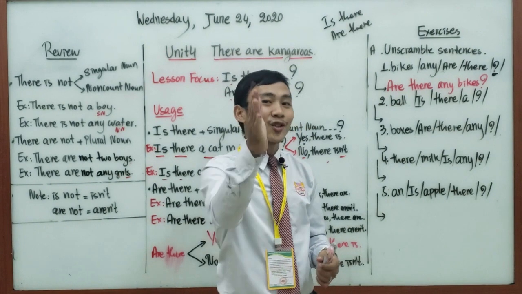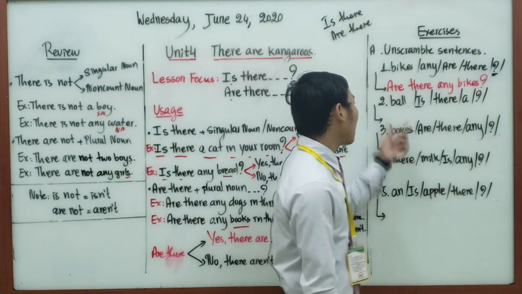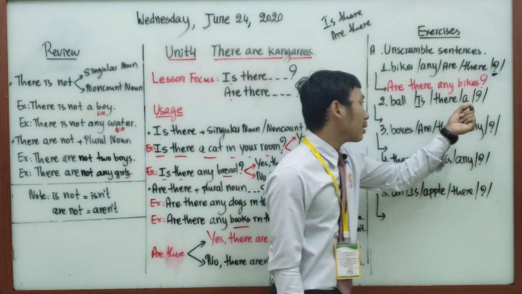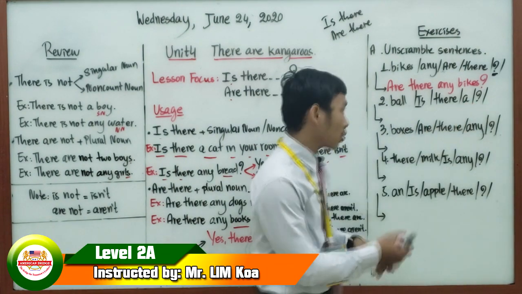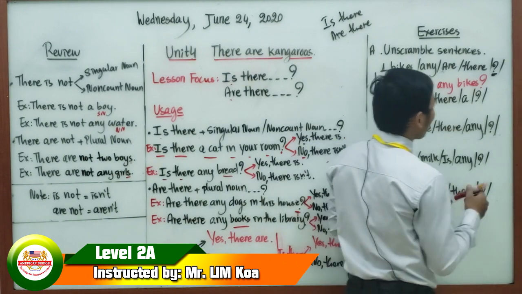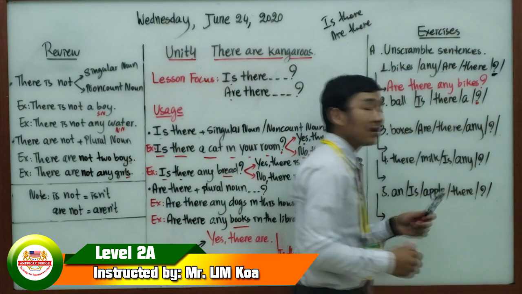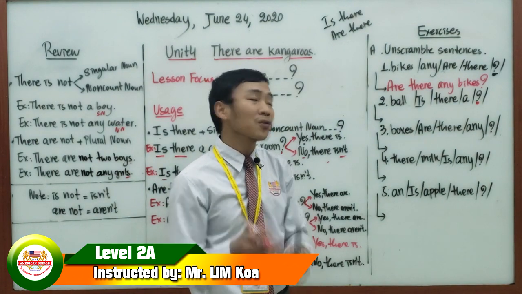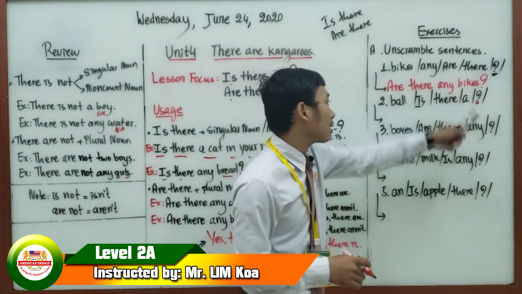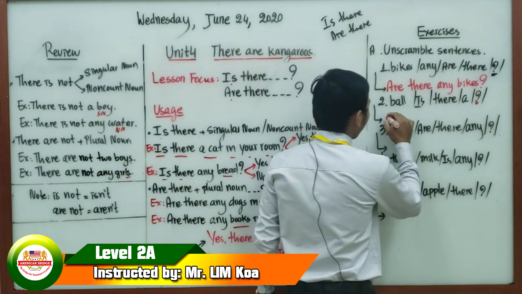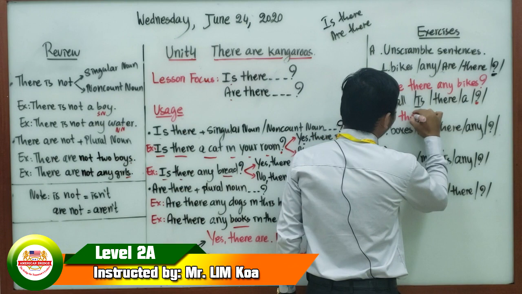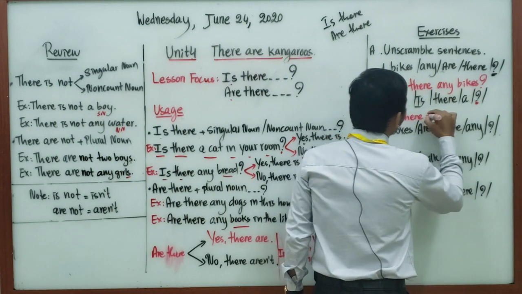Understand? Sure, everyone. What about number 2? Ball, is, there, and also a question mark. So when you see a question mark like this, it refers to what is it? The question sentence. So if it is a question sentence, what should you put first? The verb to be first, right? Is, and then there, and after that a ball, right?